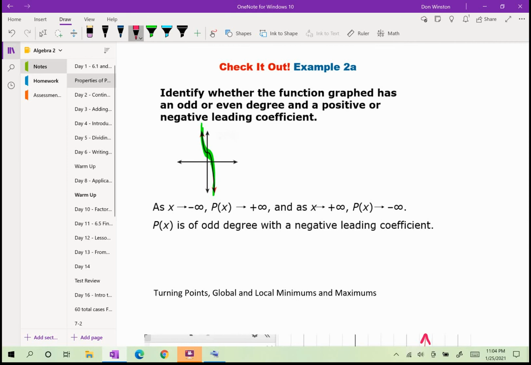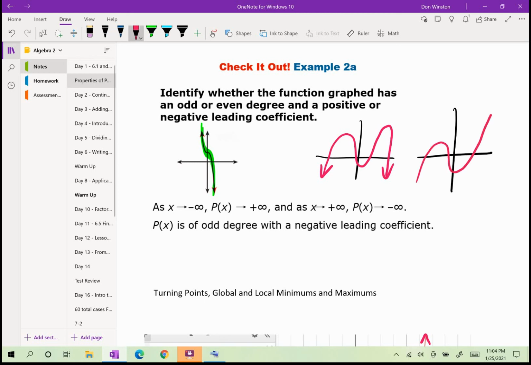Okay, if I had a graph like this here, it's even degree. The leading coefficient would be negative. Okay. If I had a graph like this here, it's odd degree.